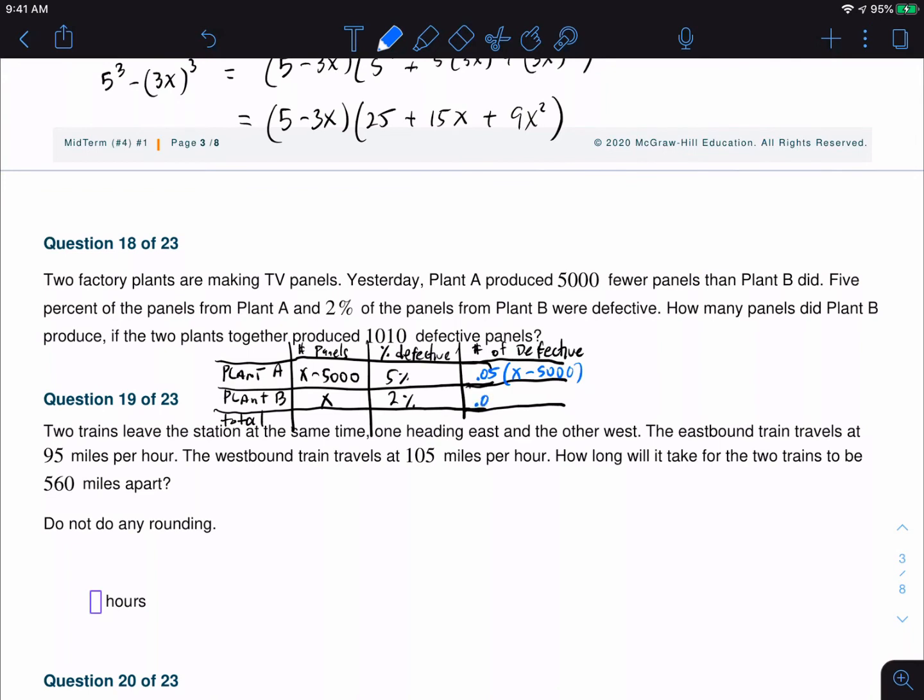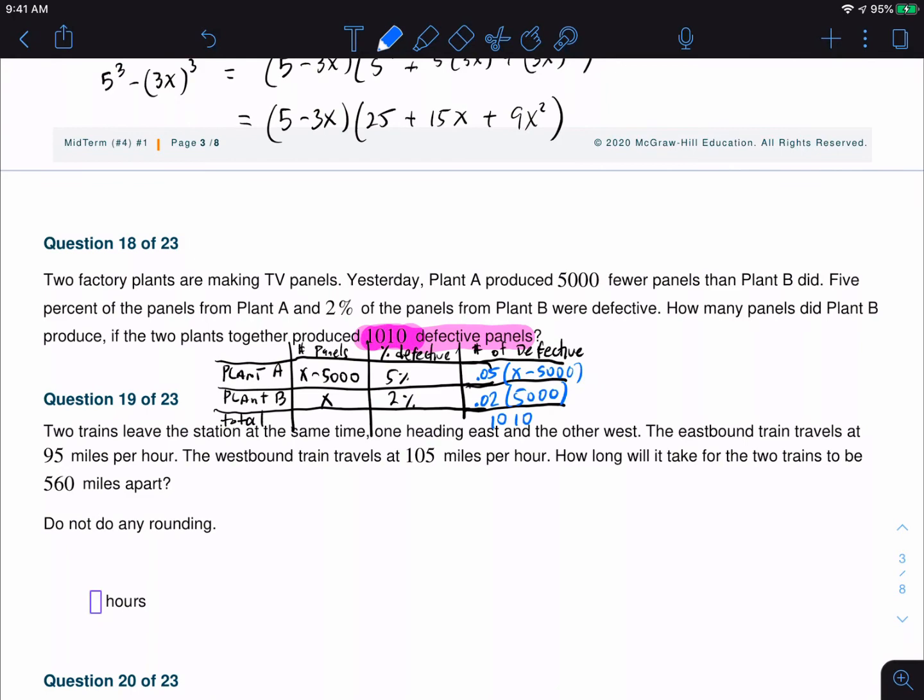And then 0.02 is 2%, and that's going to be times 5,000. Now, the total number of defective TVs between the 2 plants was 1,010, correct? From both places, we got that 1,010 defective TVs.